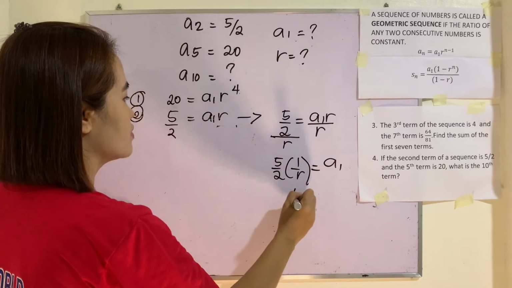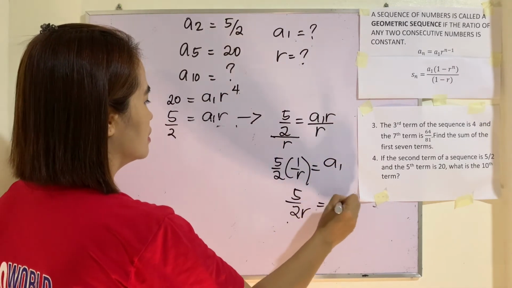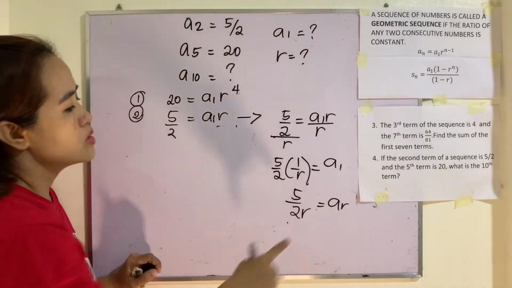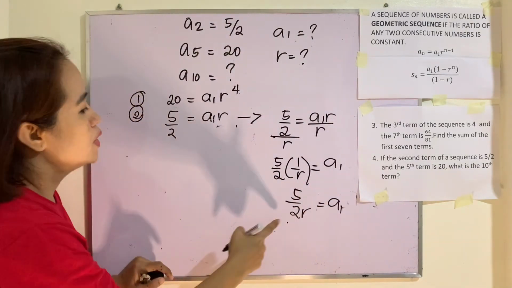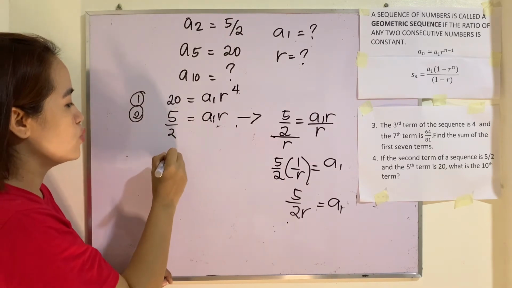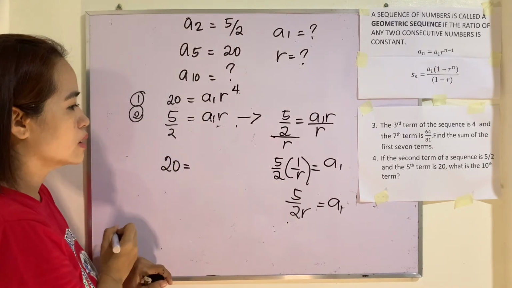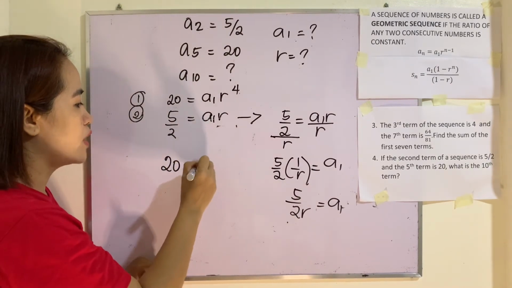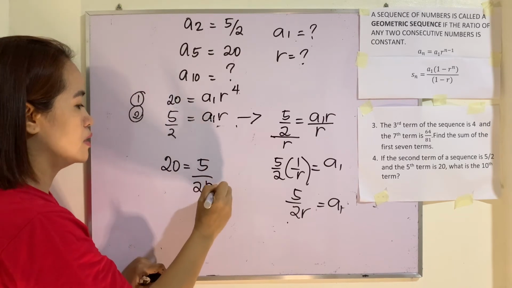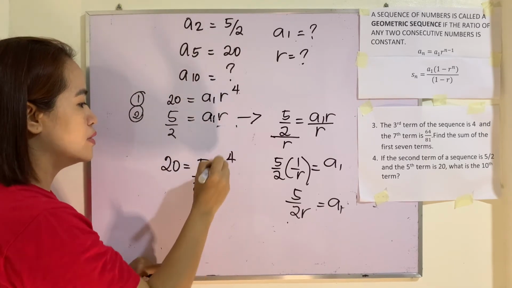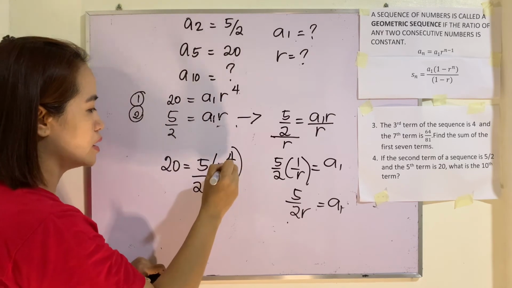So this one is 5 over 2r. Okay. So that is your a sub 1. You can now substitute this in equation 1. So we have 20 equals a sub 1, which is 5 over 2r, times r raised to 4. We can now cancel this.